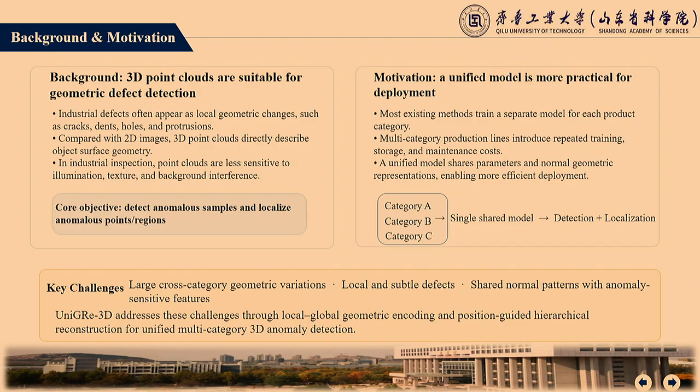Therefore, the main motivation of this paper is to move from category-specific models to unified multi-category models, using one shared model to detect and localize anomalies in point clouds from different categories. However, unified multi-category models also face clear challenges.